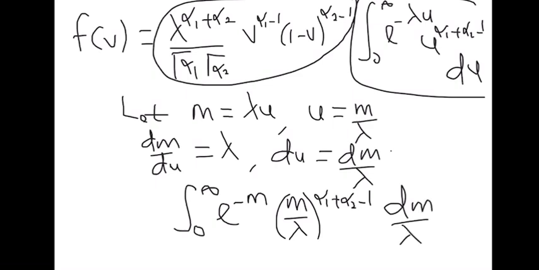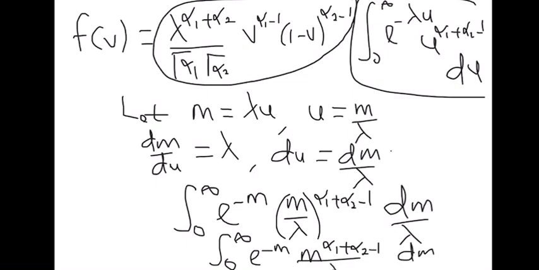Now, if I have that, you're basically going to see here that I'm going to have 0 to infinity exponential raised to the power this. I'm basically going to have m raised to the power alpha 1 plus alpha 2 minus 1, and I'm basically going to have lambda carry alpha 1 plus alpha 2.